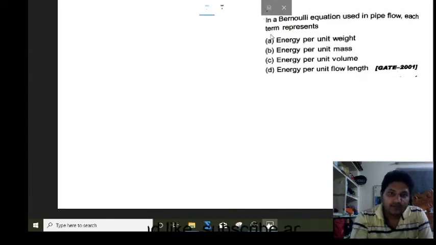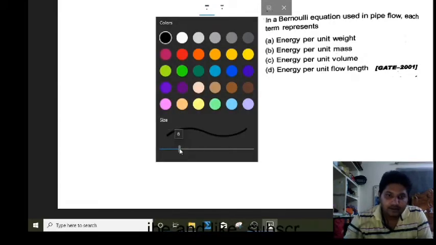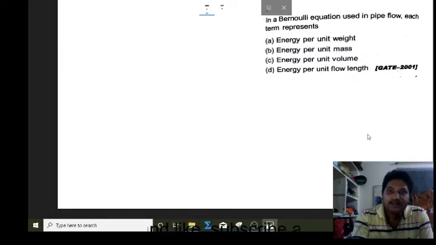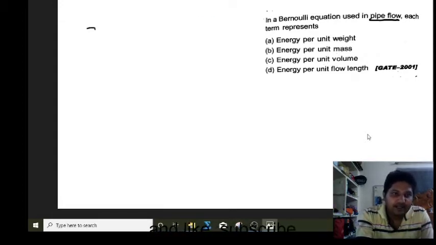This is the first problem, in which it is saying the Bernoulli equation used in pipe flow, each term. So if you consider any pipe, we are writing this energy at a point.